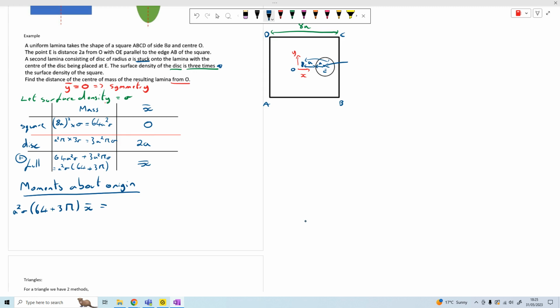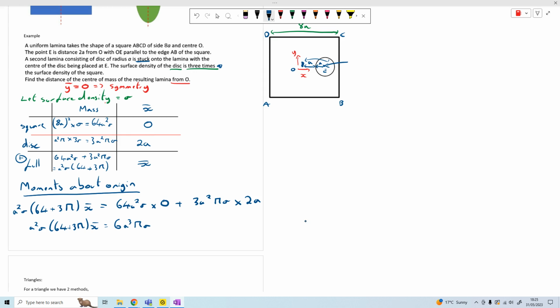That should equal the total moments of the other shapes, which is 64 a squared sigma times 0 plus, because I'm adding these two things together, 3a squared pi sigma times 2a. Let's tidy it up a little bit. I've got a squared sigma, 64 plus 3 pi, x bar. This is going to be 0, so it's going to disappear. This one, let's simplify, I'm going to end up with 6a cubed pi sigma.